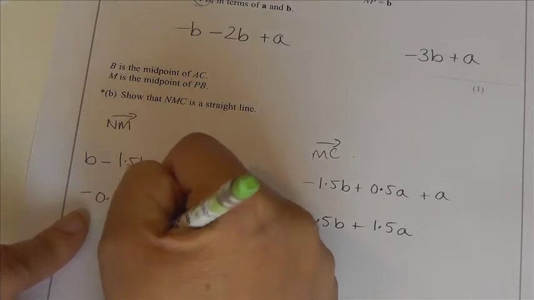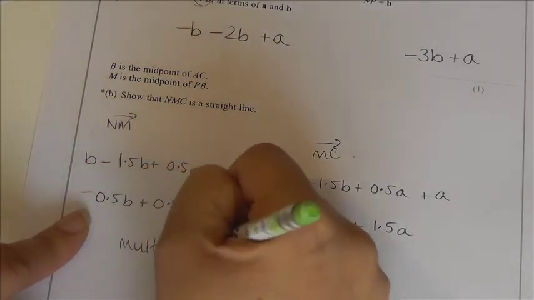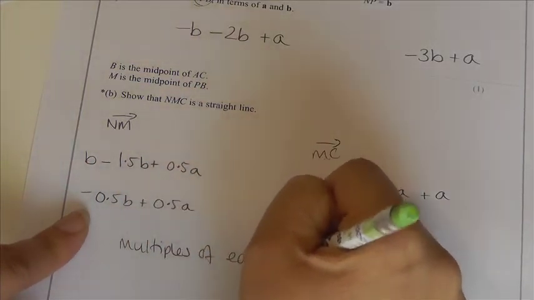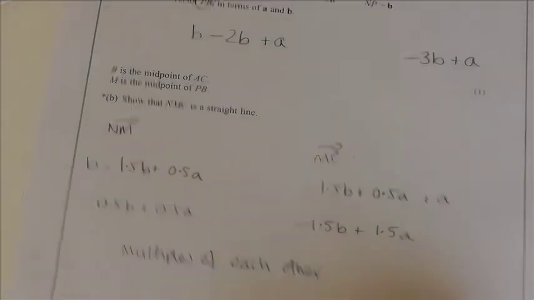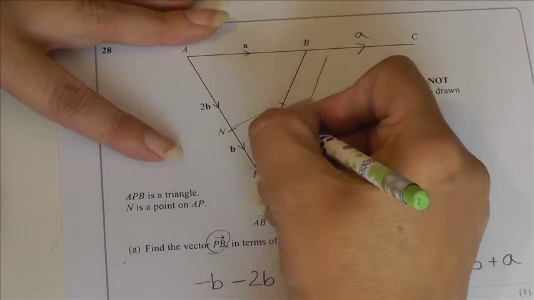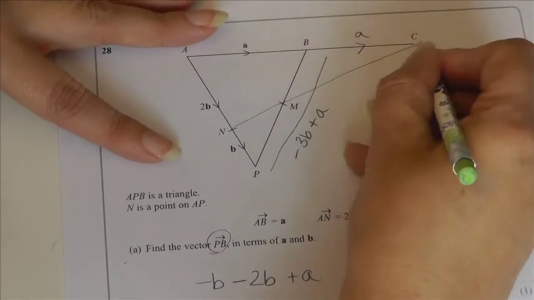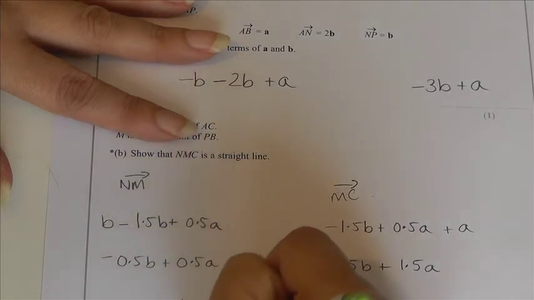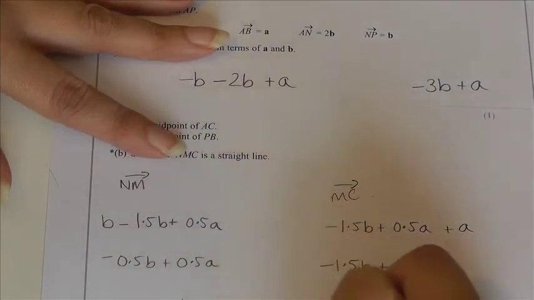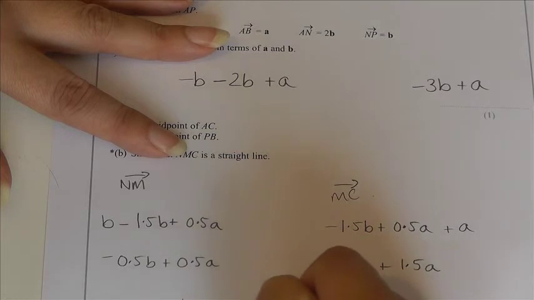So they're multiples of each other, which means they are at least parallel, going in exactly the same direction. So they're on a straight line if they share a common point. Well, they do share a common point. NM and MC share point M. So if they share point M, they are therefore on a straight line.